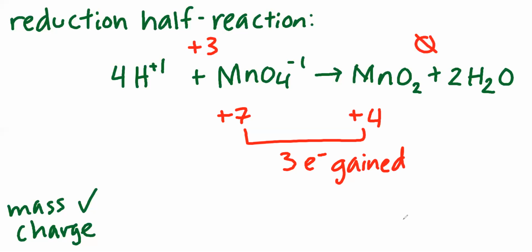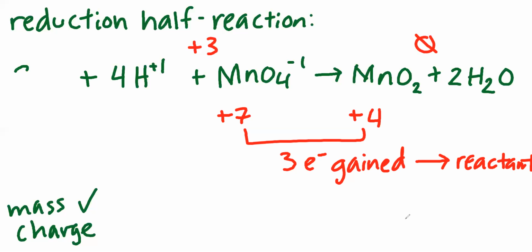So the reduction is gain of electrons. Those electrons were a reactant. So in a reduction half reaction, we see those electrons as a reactant. That's a good way to remember it: reduction, reactant.